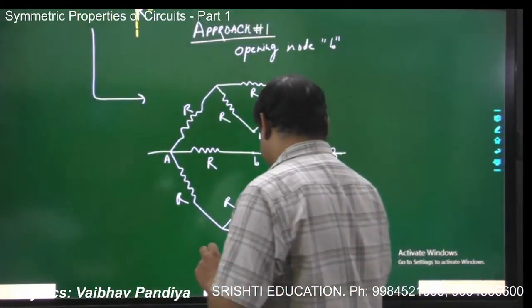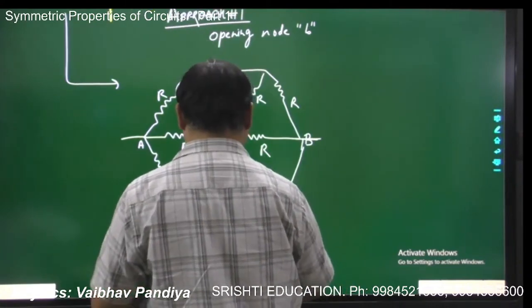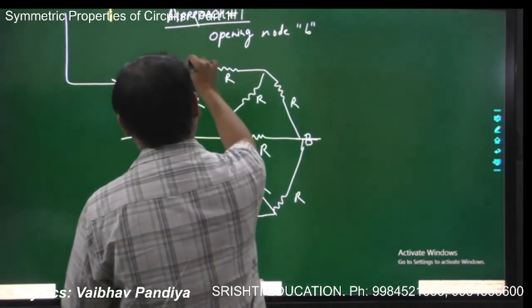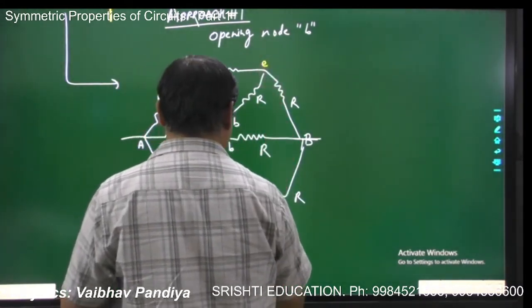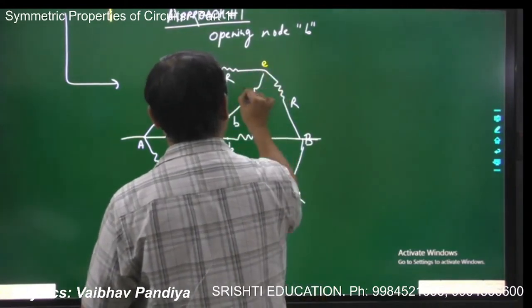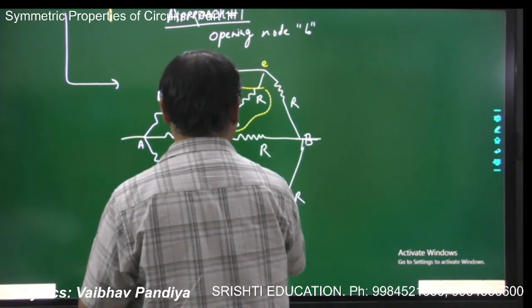Okay, now if you see, if I label these points as, say, D, E, F, G. So between D and E, these two are in series, and so are these two bottom resistors.